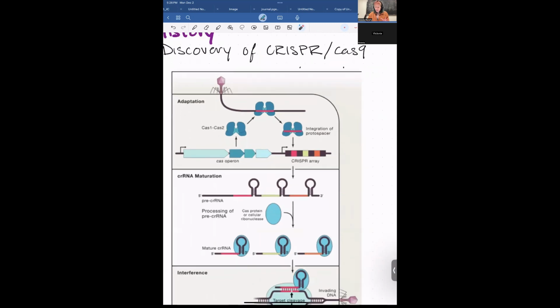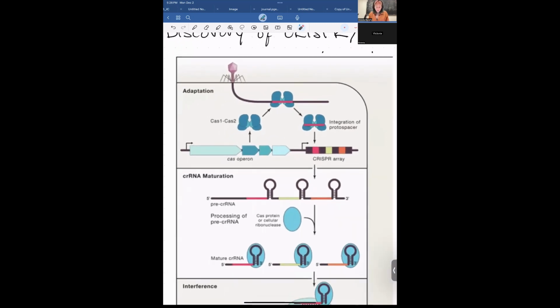And they see that there's this really strange organization of DNA, where I have the laser pointer here, where there's these palindromic repeats, which generate these hairpin structures, and they're regularly distributed within this CRISPR array.